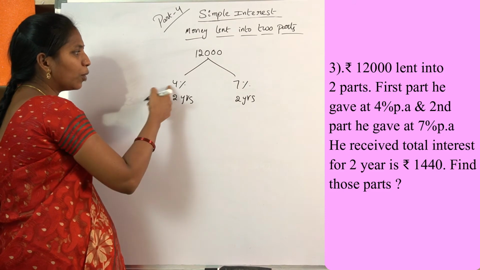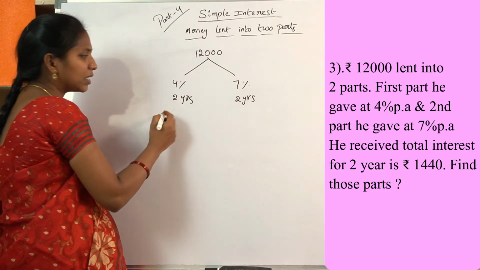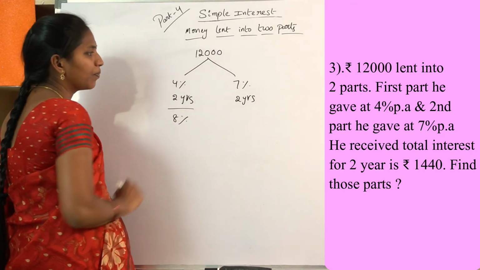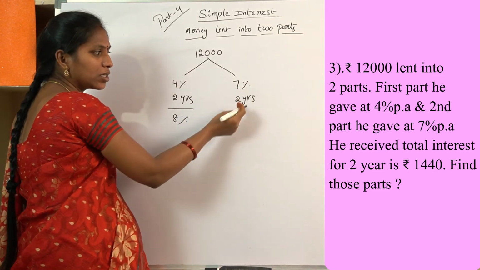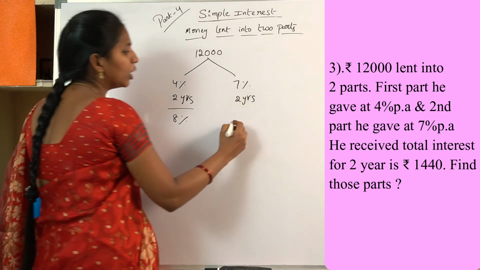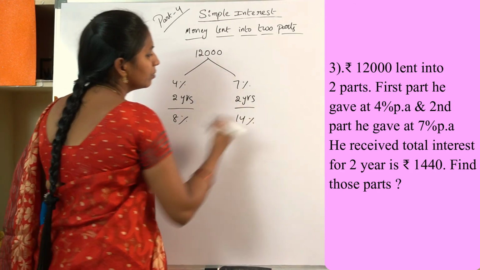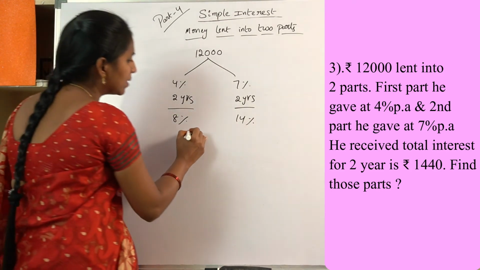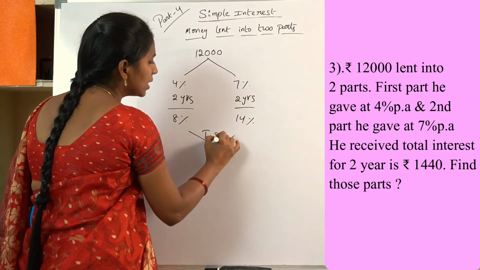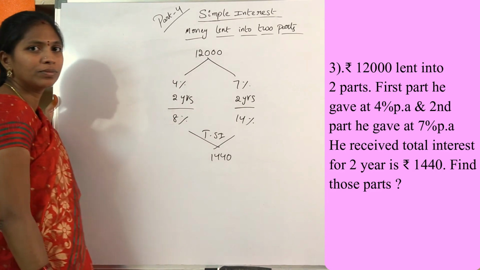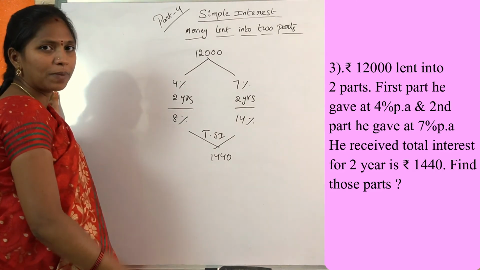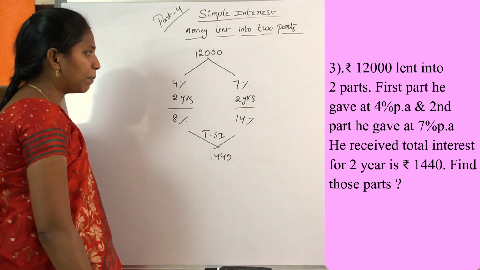For 1 year 4%, for 2 years how much percent? 8%. And for 1 year 7% per annum, 2 years 14%. Now see, what is the total simple interest? Total simple interest is 1440. Then find out those parts, first part and second part.